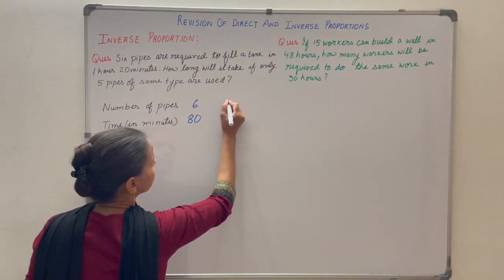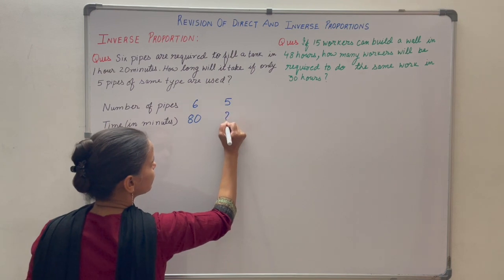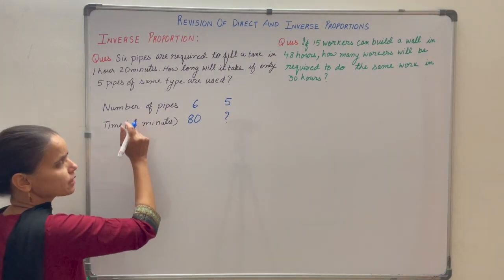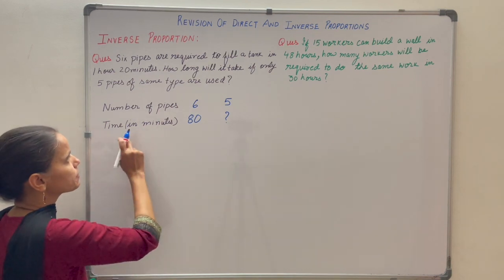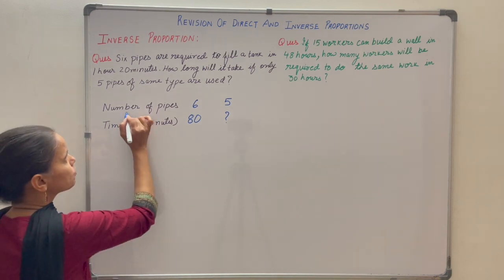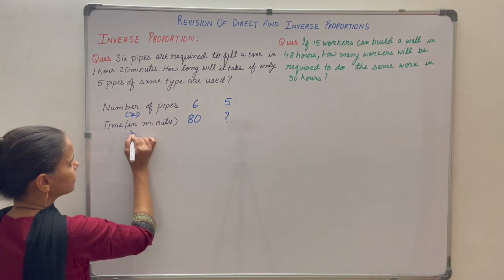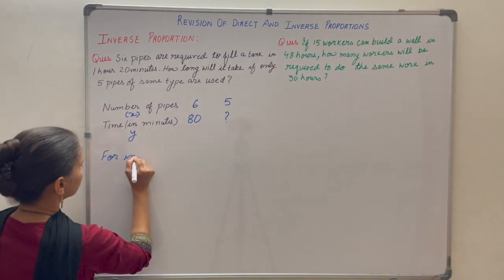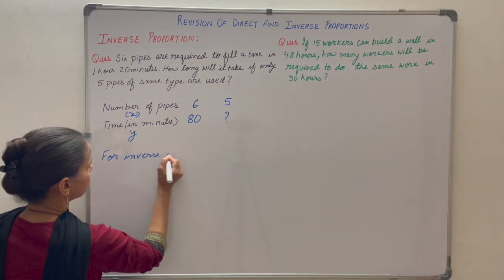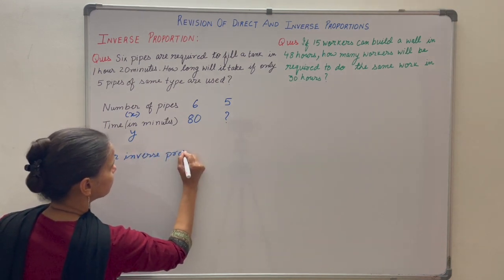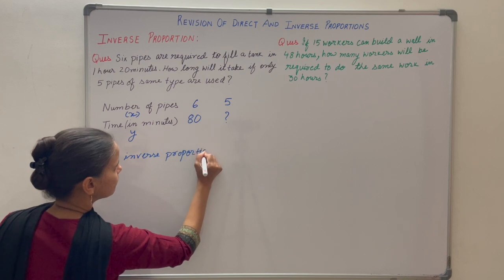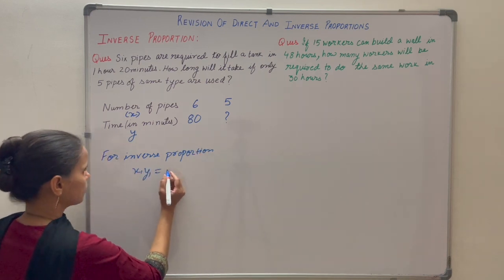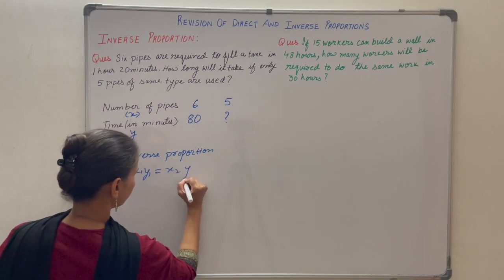In the second case, 5 pipes are used. You need to find out how much time it will take to fill the tank. So these two quantities, number of pipes and time, are in inverse proportion. So if I assume this to be x and this to be y, then for inverse proportion, we have x1 y1 is equal to x2 y2.